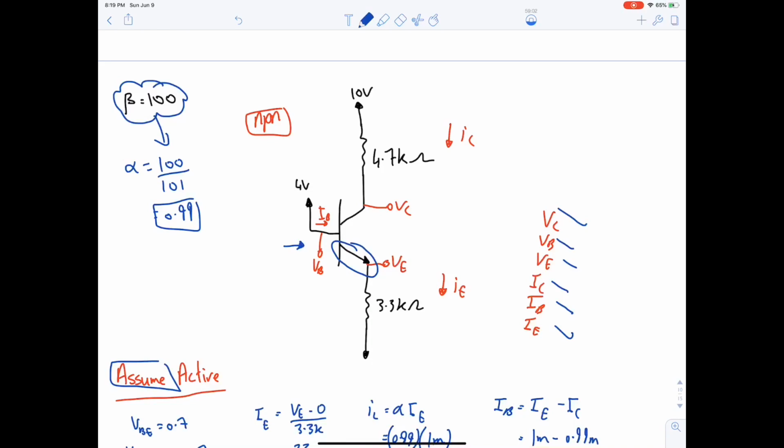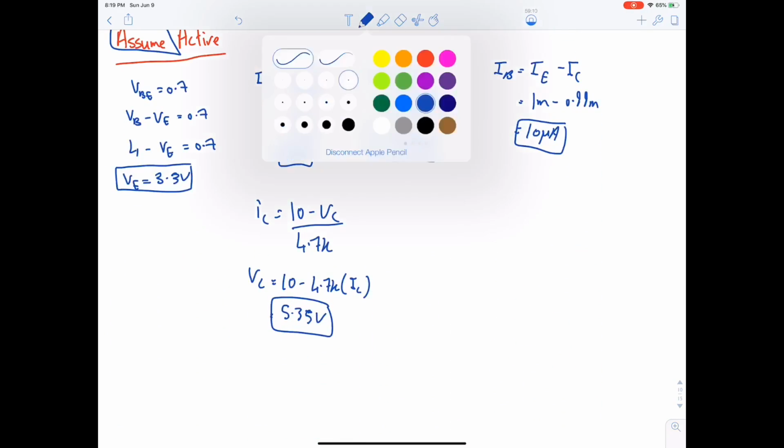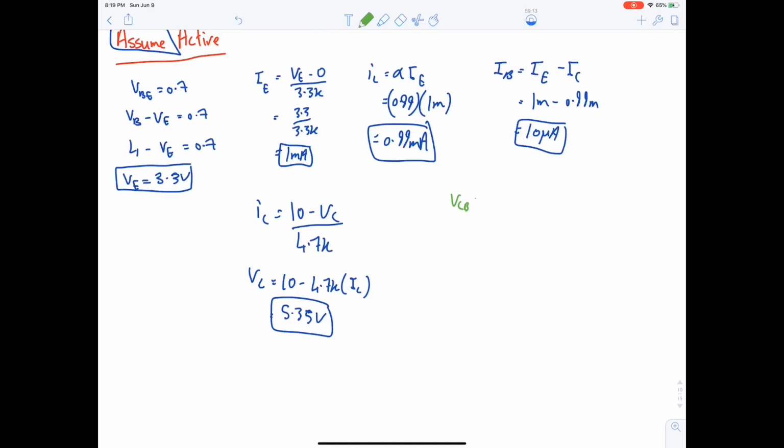After finishing all the requirements, the last step is to check. We are going to check on the junction that is opposing the arrow. So it will be VCB greater than or equal to 0. VC minus VB greater than or equal to 0. VC is 5.35 minus VB, which is 4. Hence, it will be 1.35 greater than or equal to 0. Yes.